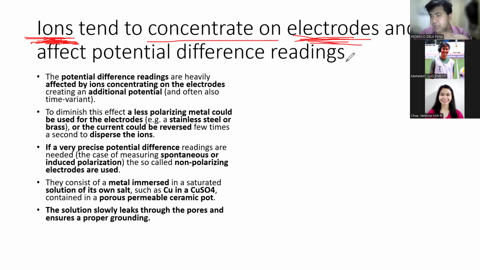A similar thing happens with ions when you're doing a resistivity survey. They will accumulate on your electrodes, and that will definitely mess up your potential difference readings, right?